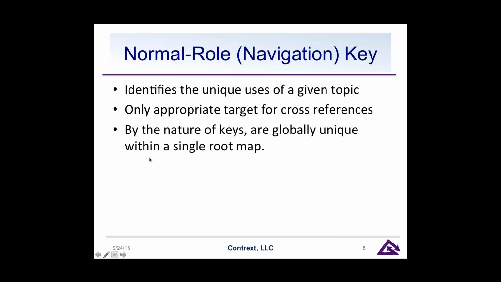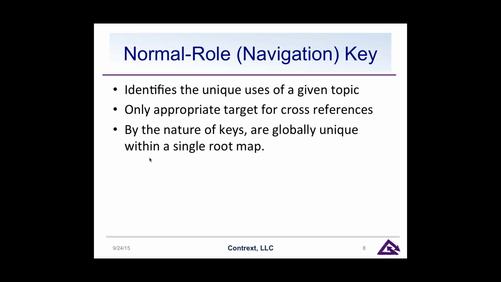Okay, so normal role, or what I call navigation keys. I make the distinction between stuff that contributes to the navigation structure of your publication and stuff that doesn't. The resource-only topicrefs do not contribute to the navigation. The normal role topicrefs contribute to navigation, either because they're defining the main table of contents structure of your publication, or because they're used in relationship tables.